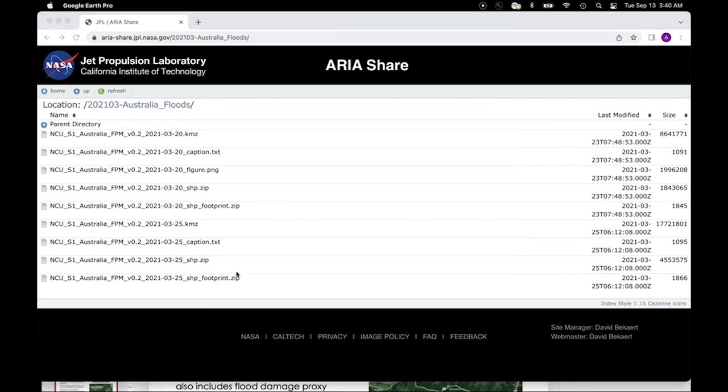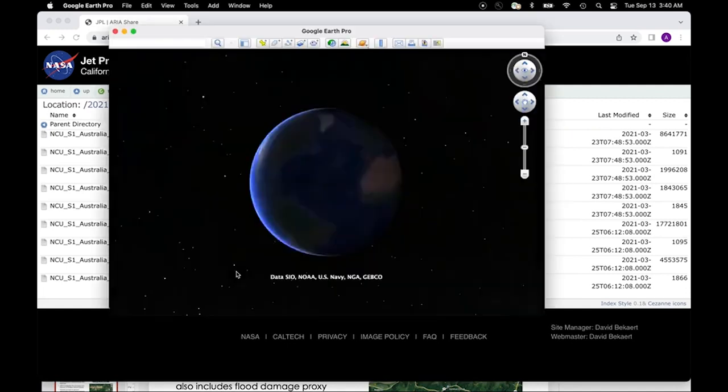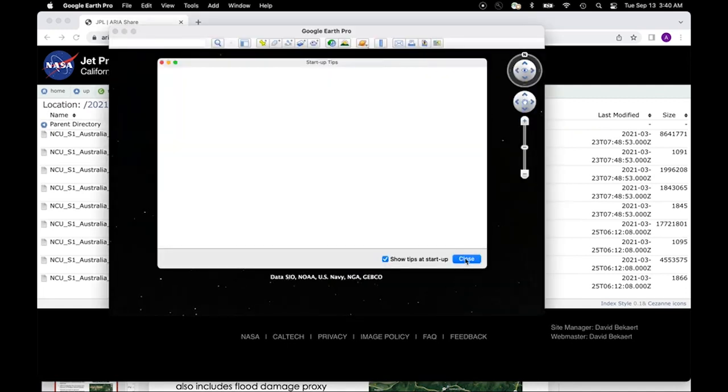KMZ file you can look at with Google Earth. And so let's look at the flood case over Australia. It is taking a minute to open this site.